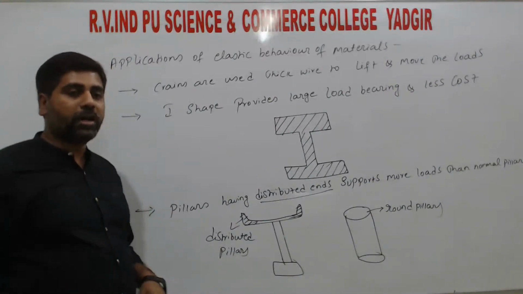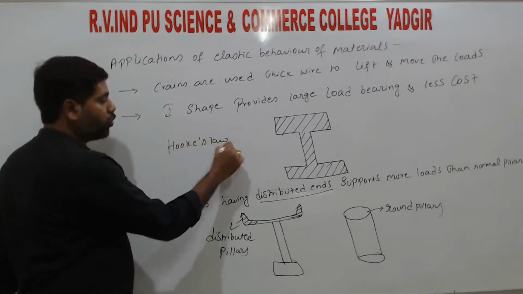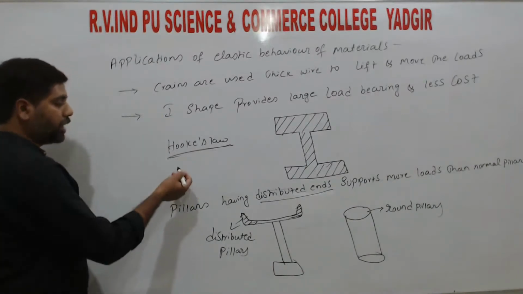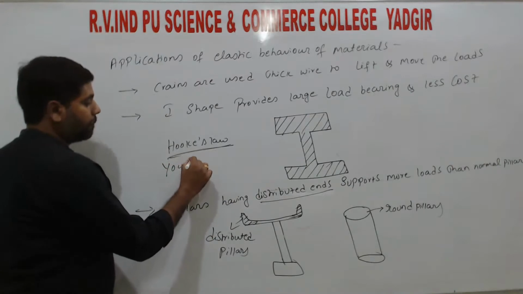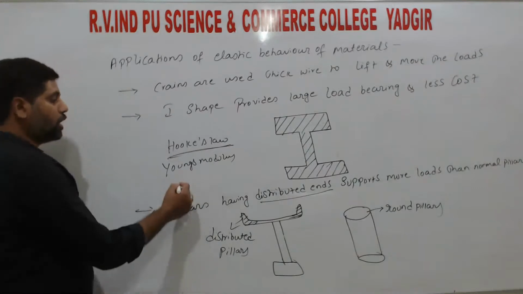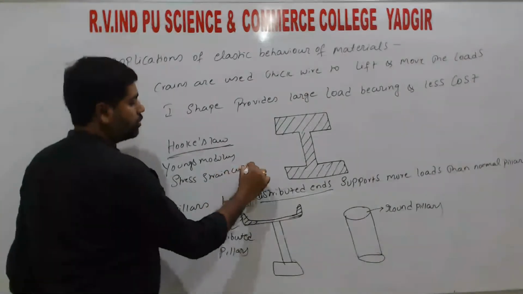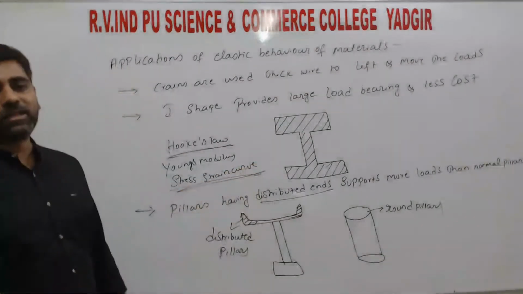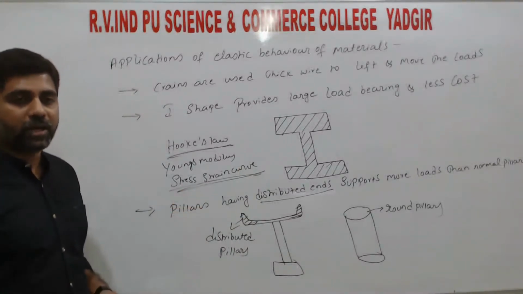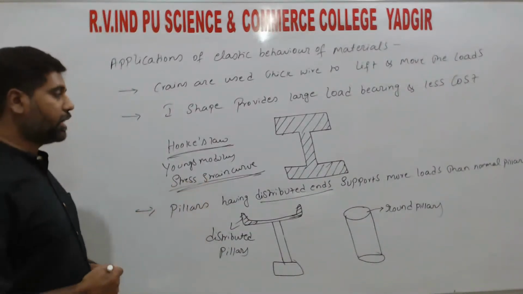Among them, the important one is the first, Hooke's law. Hooke's law is very very important. They ask it either for 1 mark or 2 marks. Apart from that, the rest is Young's modulus, and bulk modulus may be asked for 1 mark. Then stress strain curve: for 3 marks, plot the stress strain curve and mention the points. What is in region A, region B, C, D and E. If you label all that, you can get 3 marks.